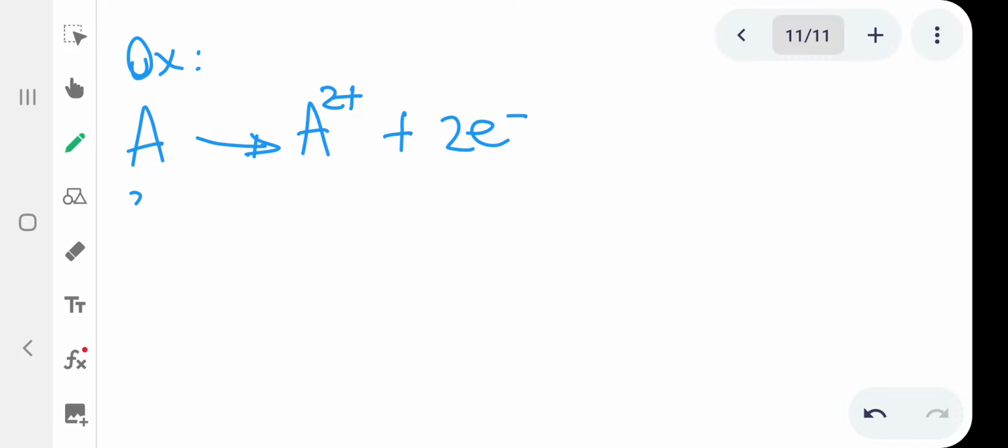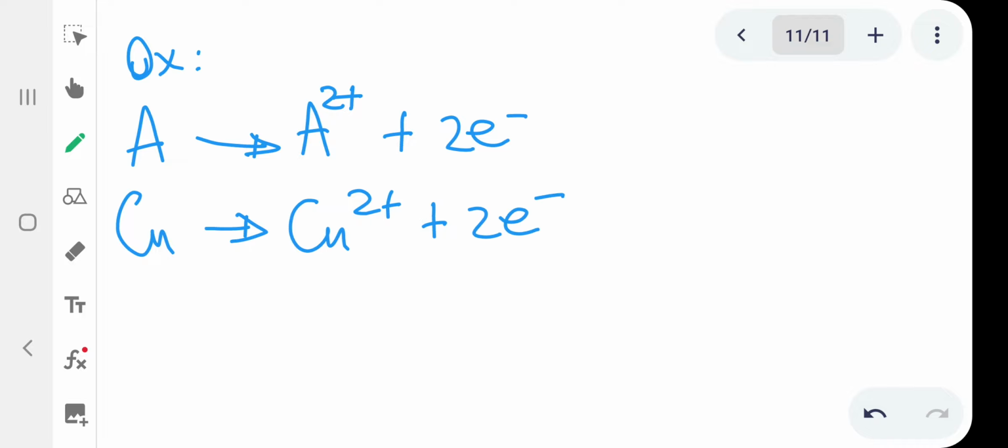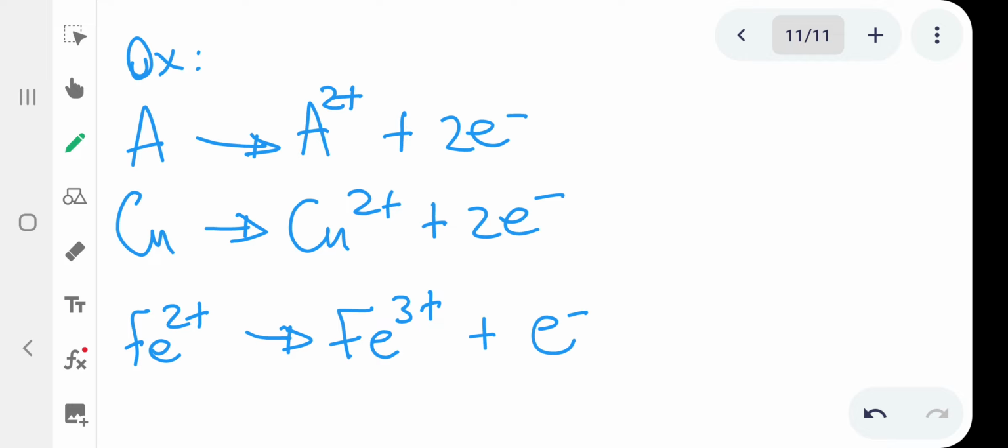Another one, we can have copper metal with an oxidation number of 0, and it can lose 2 electrons. That is an oxidation half reaction. Another example, say we have Fe2 plus losing 1 electron, that would be Fe3 plus.